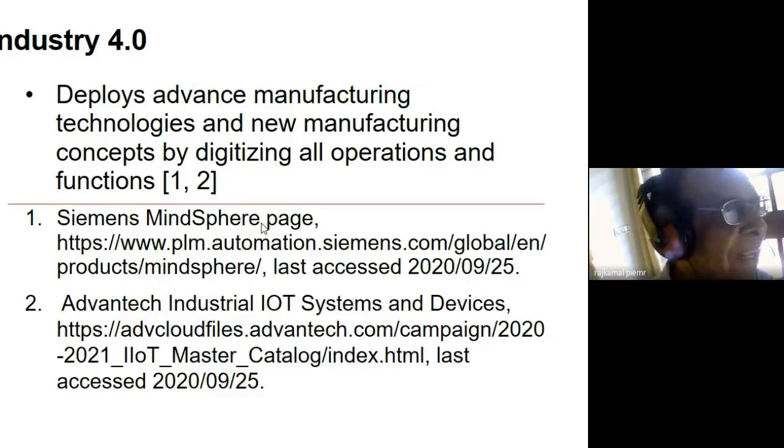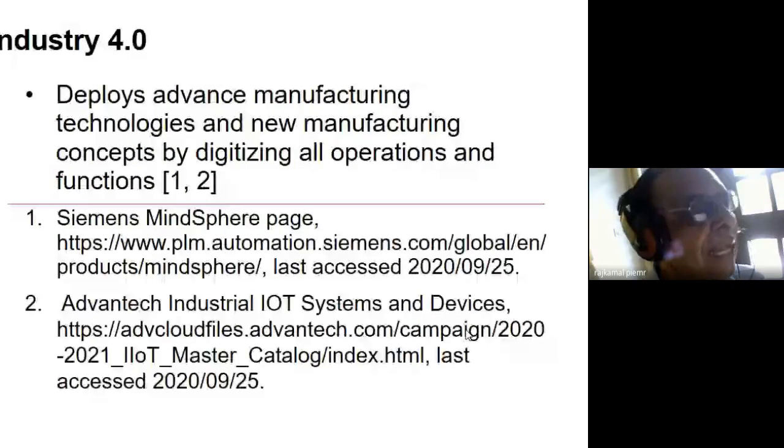And Advantage Industrial IoT Systems and Devices is another company. In 2020 they developed something very new, being deployed in advanced manufacturing technologies and new manufacturing concepts.